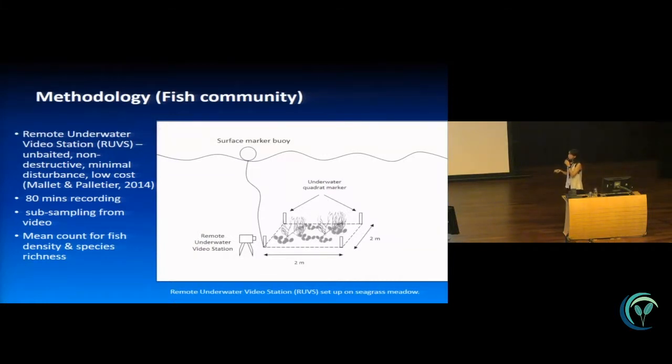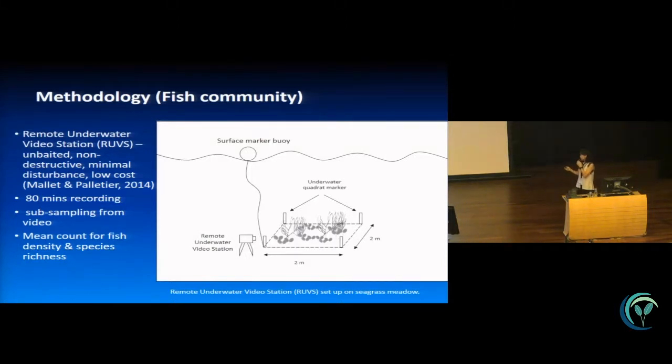This also gives minimum destruction to the area compared to using a beam trawl or nettings, and this area is also inside a marine protected area. And most importantly, it is low cost and quite easy to put up the video.